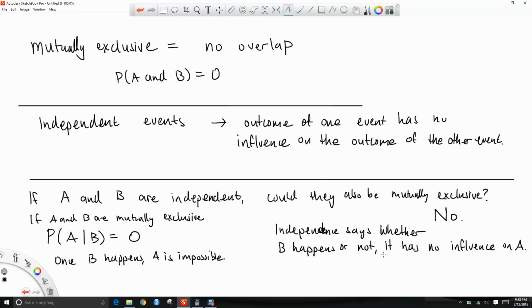If they're mutually exclusive, they cannot be independent, because mutually exclusive says once one thing happens, it makes the other impossible. That means it influences the other. It's not necessarily a cause and effect relationship when we say it influences the other, but the probability changes, and therefore they are not independent.